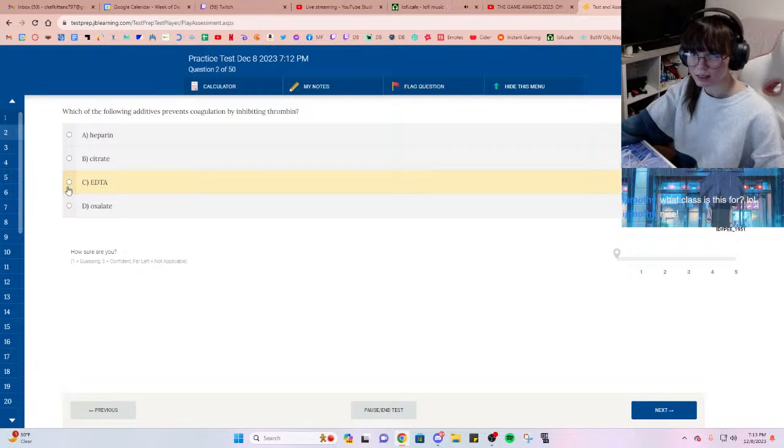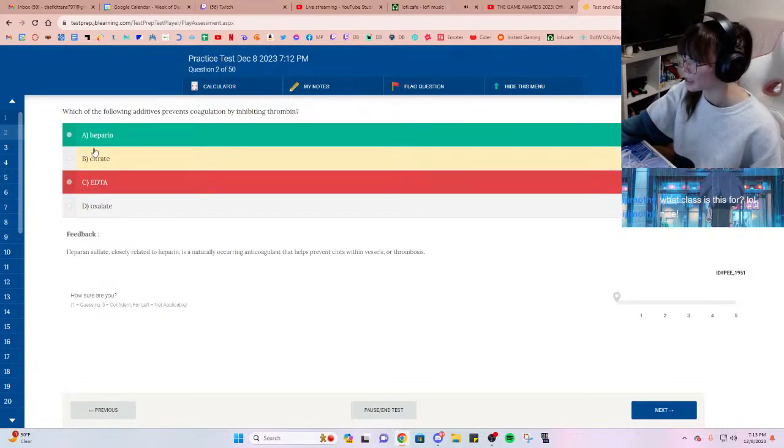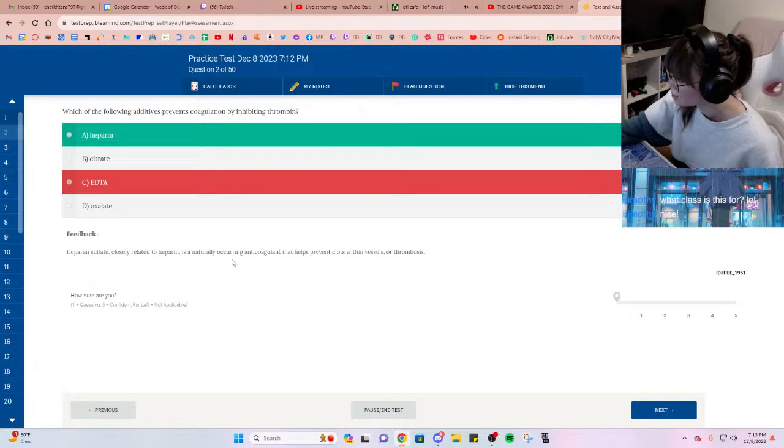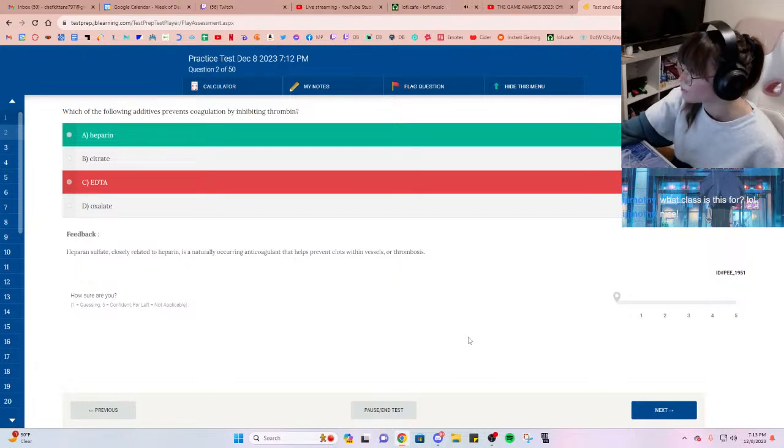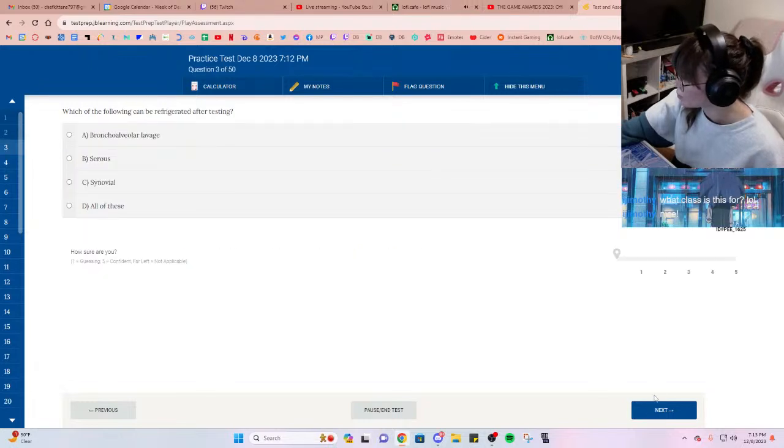It like bonds to the calcium so that it doesn't. I'm like, damn it! Heparin sulfate, closely related to heparin, is a naturally occurring anticoagulant that helps prevent clots within vessels. Fuck me, dude. I'm throwing this one.